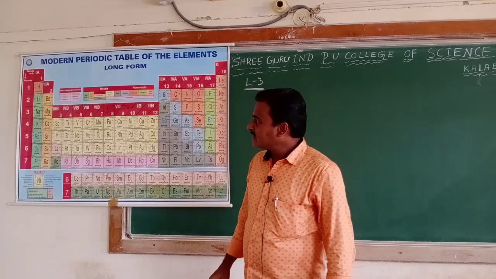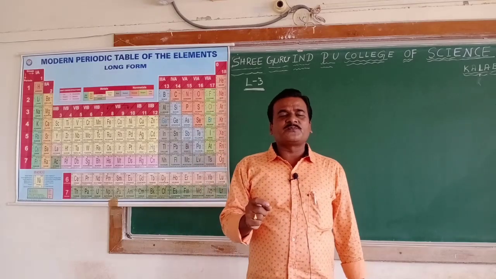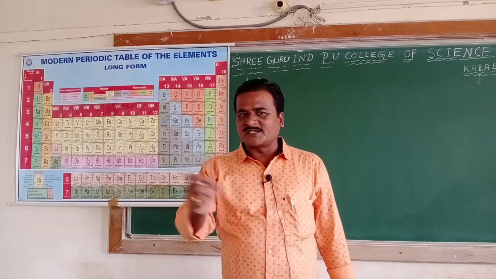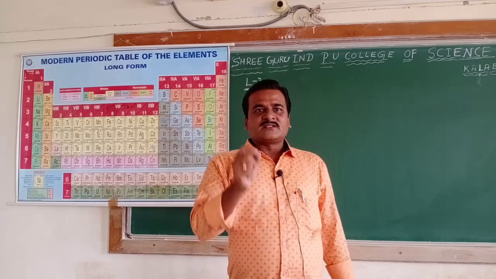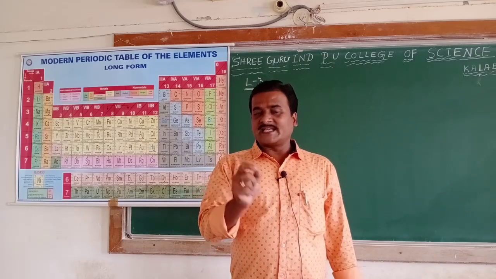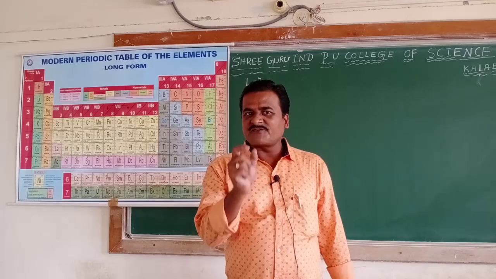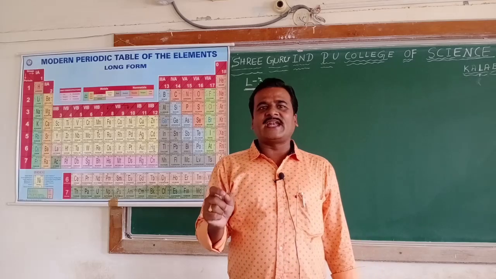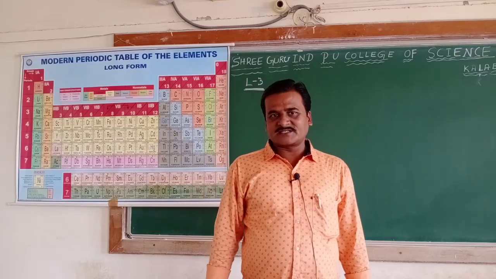Point number 3, the elements in a group are separated by a gap of definite atomic numbers, such as 2, 8, 8, 18, 18, 32, which are called magic numbers.